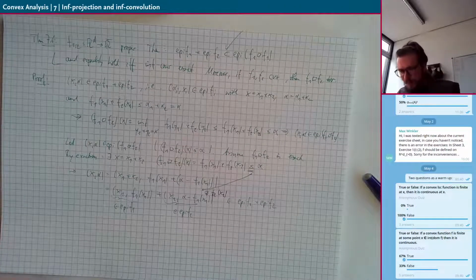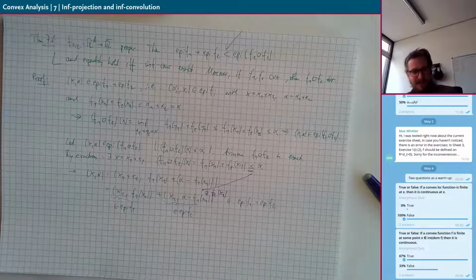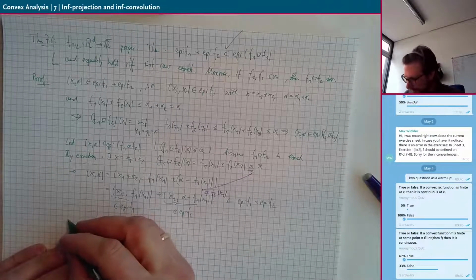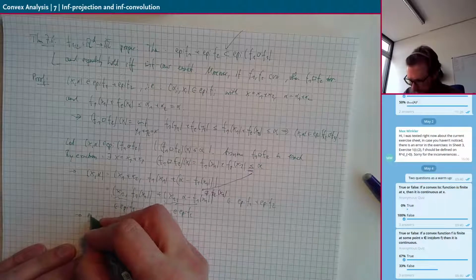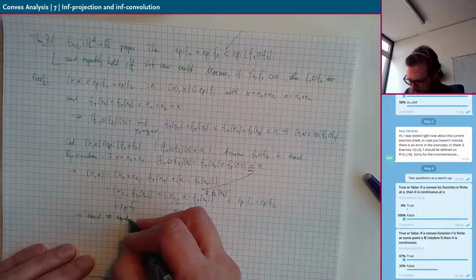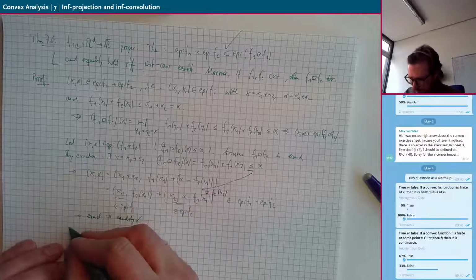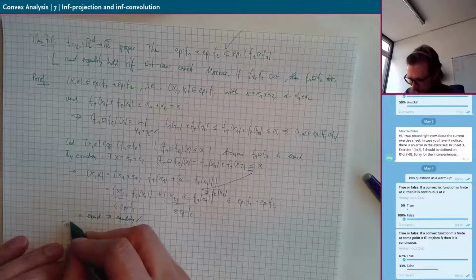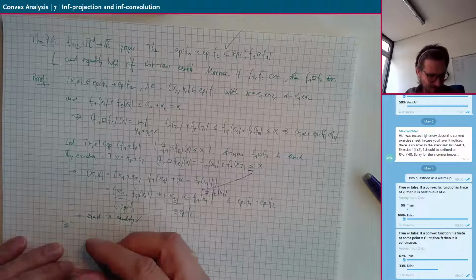Okay, so for the converse implication: if we have equality, then we have exactness. How does that work? Exact implies equality, so now for the other direction, equality implies exactness.